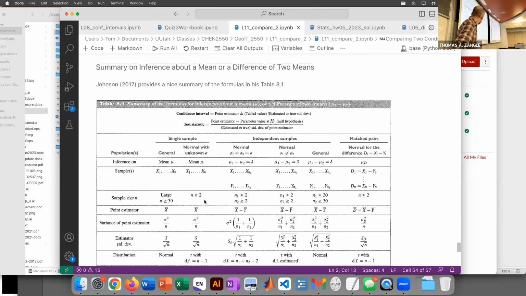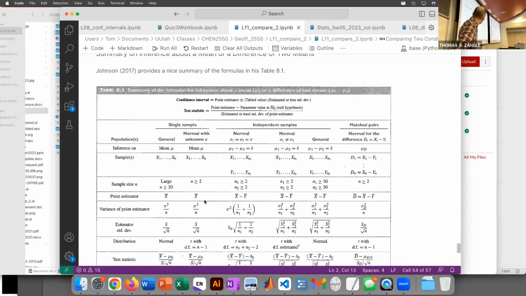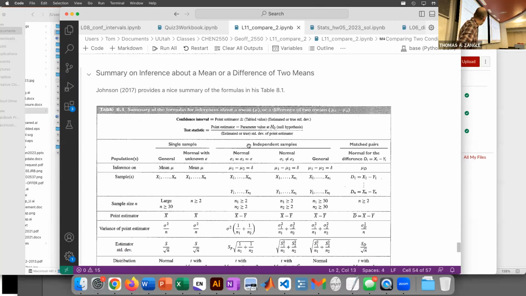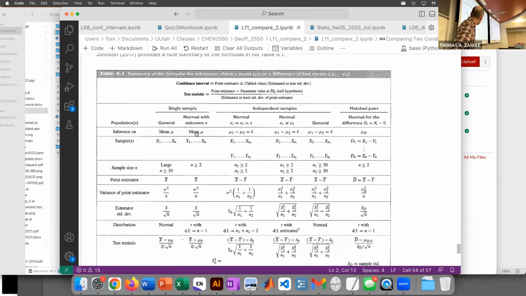Also in these notes is a table on the different formulas that we have discussed so far for hypothesis testing. This covers everything from single sample to paired samples or independent samples. Basically this is a summary of the equations that we had previously, so I encourage you to take a look at this.